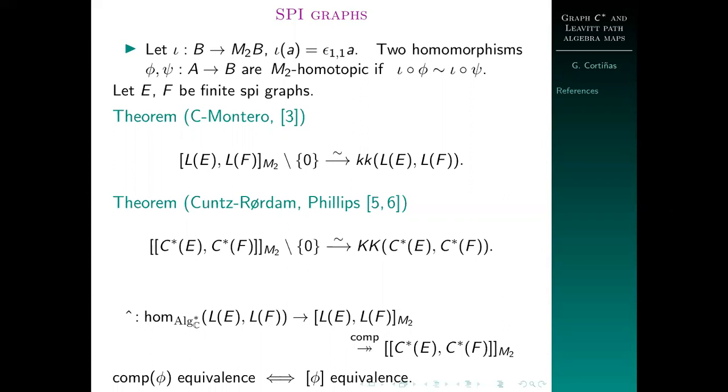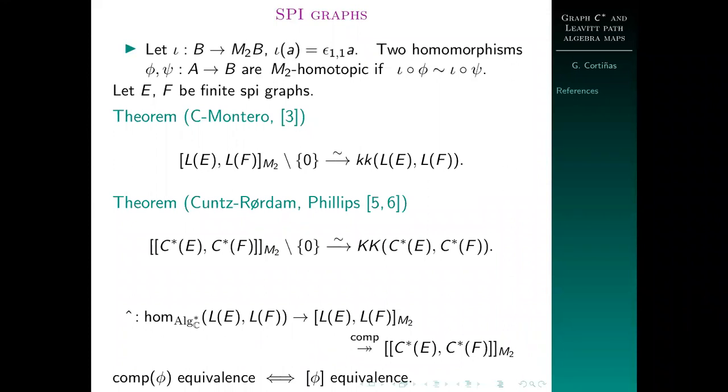If you disregard the matter that in theorem A, as I formulated it, I ask homomorphisms to be unital and homotopy to be strict homotopy, not M2 homotopy. But if you leave that aside for a moment, this gives you part of what the theorem says, right?